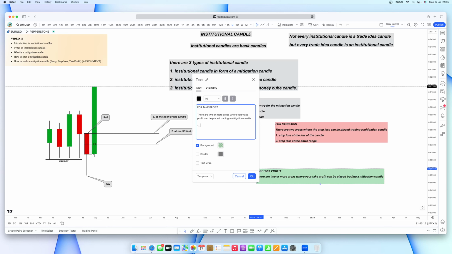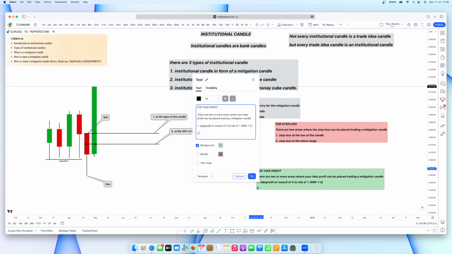Number one, remember when I taught you risk to reward? Your very first take profit should be at 3 times what you're risking. So your number one TP is take profit at reward of 3 to risk of 1, risk to reward 1 to 3. That's where your first TP should be.